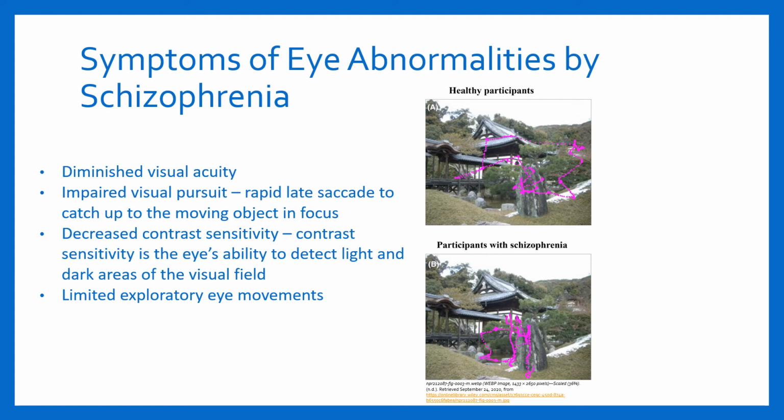And not only that, while looking at the scenery, when there was a visual pursuit, when there was a moving object, there was a little difficulty in maintaining that visual pursuit.